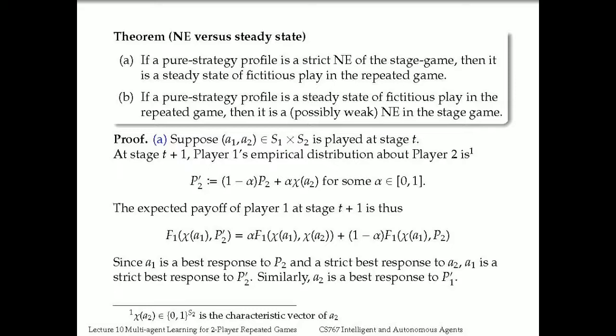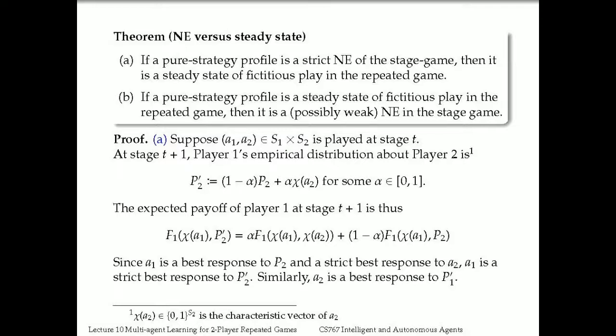The expected payoff of player 1 in this case would then be a linear combination of the expected payoff for actions assuming the opponent is adopting A2 and assuming that the opponent is adopting P2. So there are two cases.